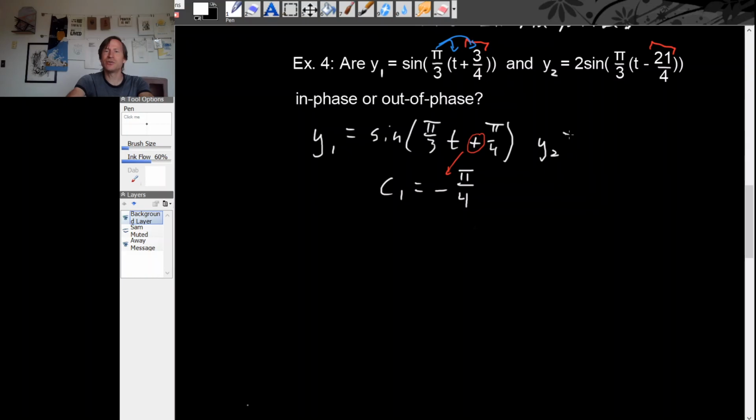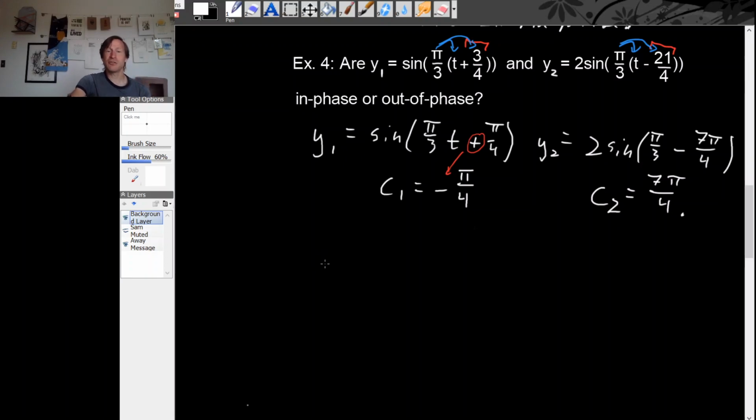And for y2, we can do the same thing, distribute the angular speed. We get 2 times sine of pi over 3 t minus, let's see, 21 over 3 is 7, so 7 pi over 4. So the phase angle for y2, we could call that C2, is 7 pi over 4.